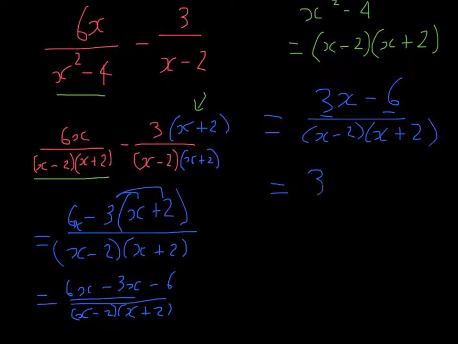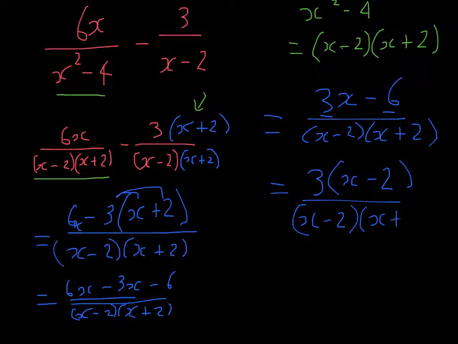So if you take that out, we're left with 3 of x take away 2 over x take 2, x plus 2. And then hopefully you'll notice that you're able to cancel out those two terms. X take away 2 divided by x take away 2 cancels out to 1. So the answer we're left with is 3 over x plus 2.